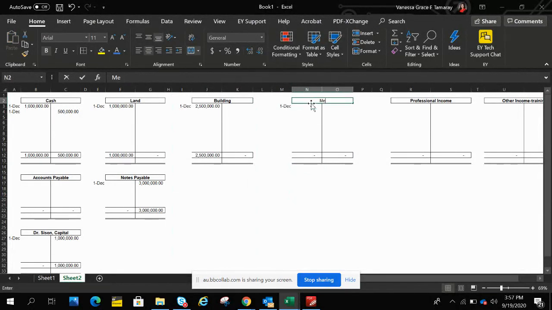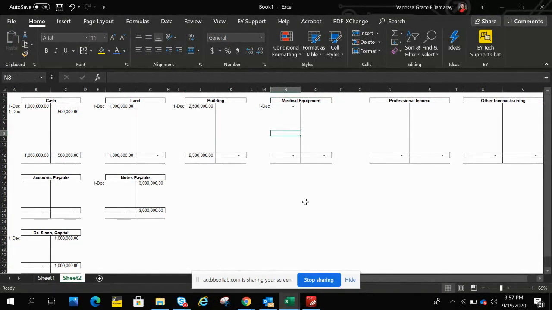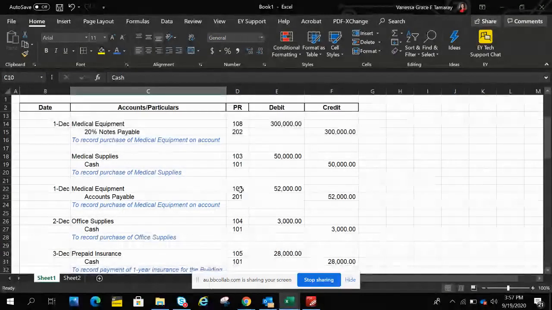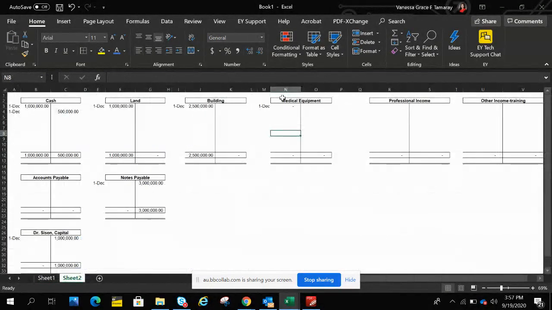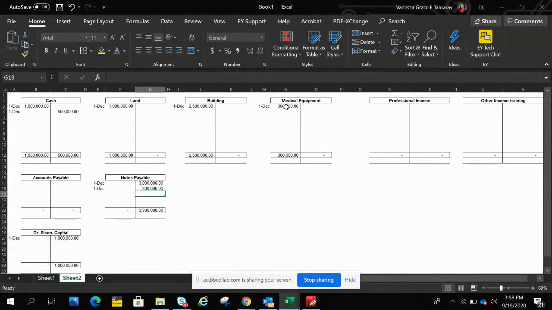Medical equipment. Notes payable. 300,000 pesos. And then, notes payable, December 1, credit ulit, kasi on account, 300,000 pesos.